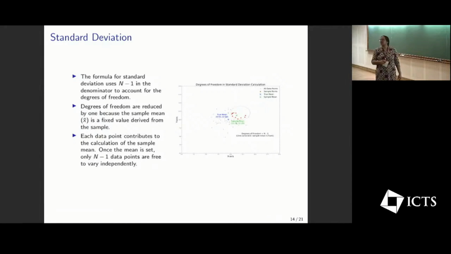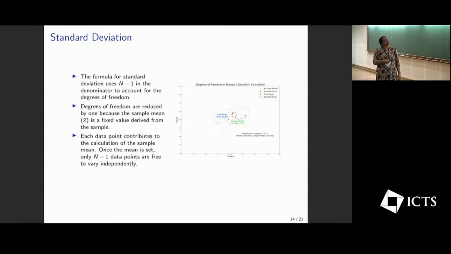And when we are measuring uncertainty, we are using the sample mean, okay? So we are actually restricting all our points to be spread out in such a way that their average is constrained to be that point. So all of these points are actually not independent, and they are constrained by this one equation which ties them to that sample mean, okay?